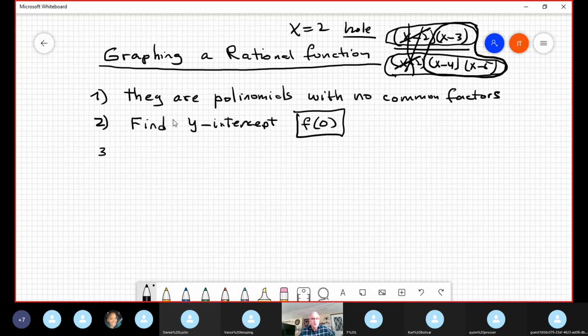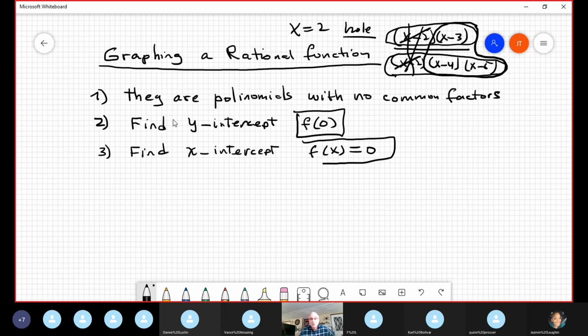And the third step is find the x-intercept. Well, what is the formula to find the x-intercept? f of x equal to 0. This is a little bit more complicated because for finding the x-intercept, you set up the equation.